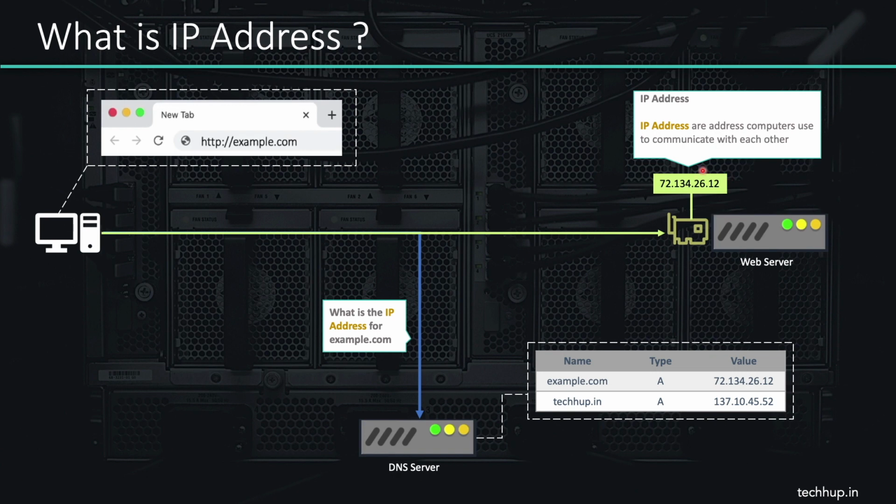So that is what an IP address is essentially important for. So whether it is the wide area network or the local area network, IP addressing is the key to the information exchange that happens between computers.